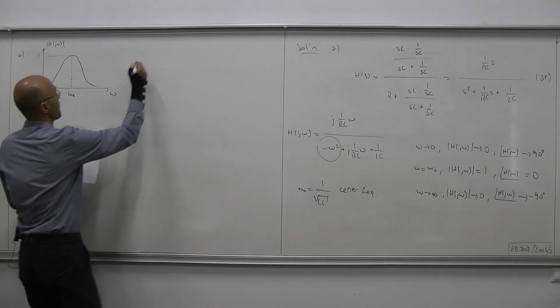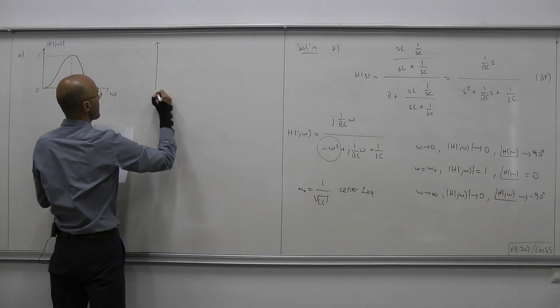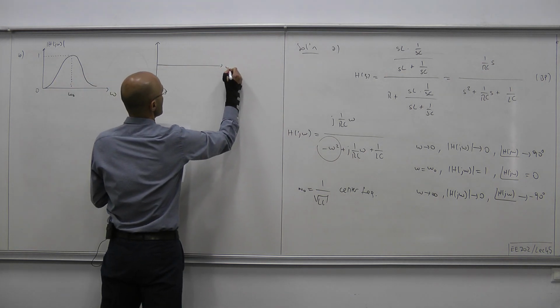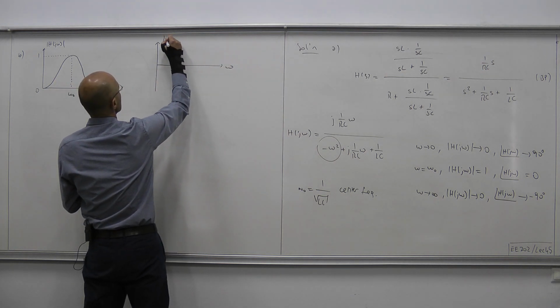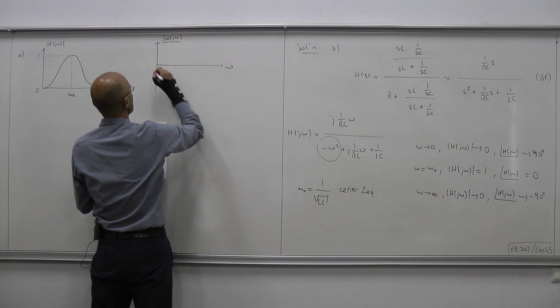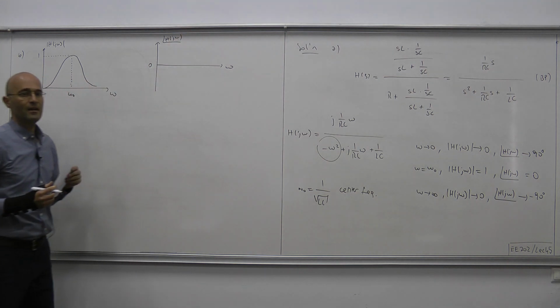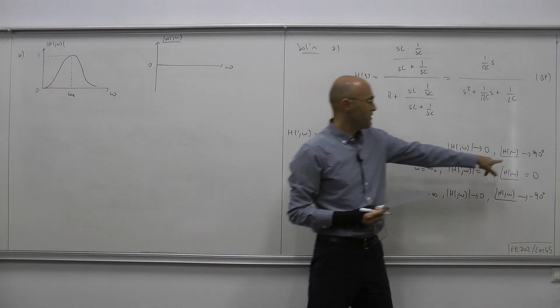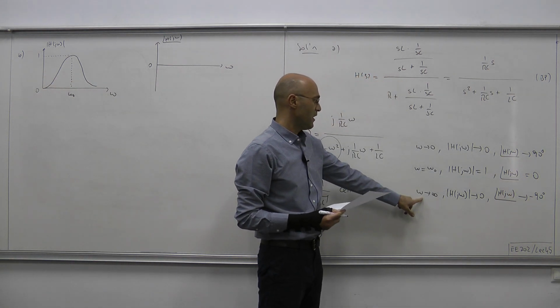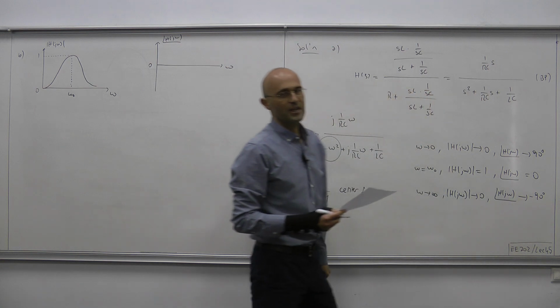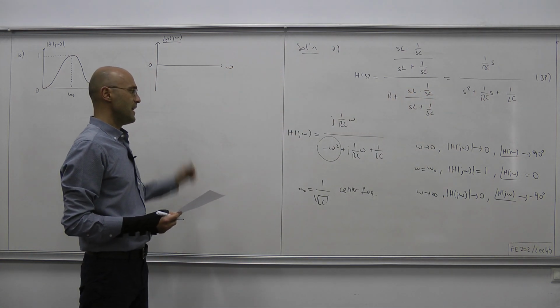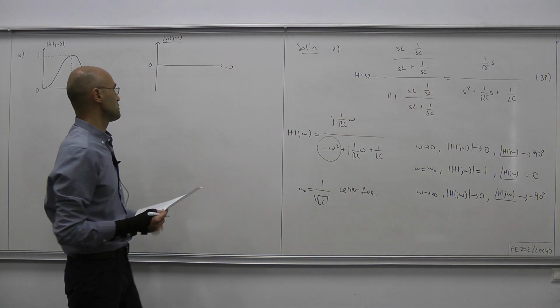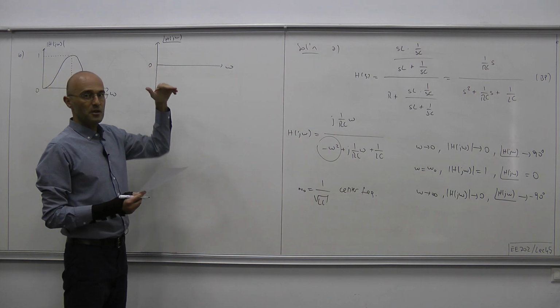What else? This is the phase of H of omega. Now at low frequencies the phase is around 90 degrees, and at very high frequencies it's minus 90 degrees, and at the center frequency we cross the plus minus border.